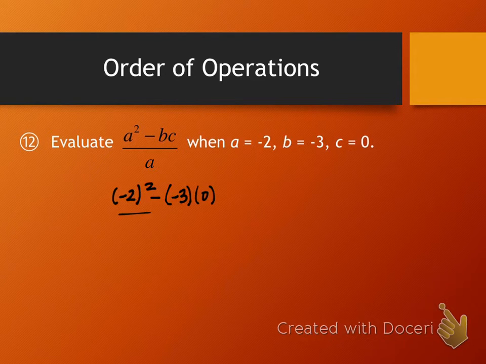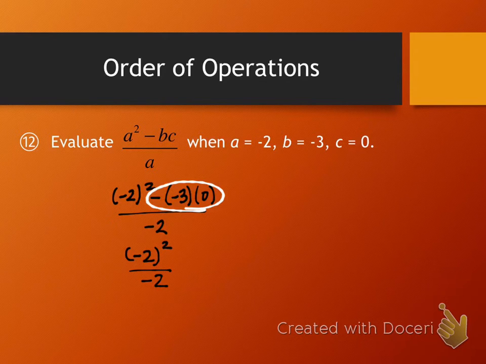And then in the denominator, I have another A, which is -2. So here at the end of this problem, all of this becomes 0, right? Because there's multiplication by 0. So all I really have is the -2 squared at the beginning and the -2 on bottom.